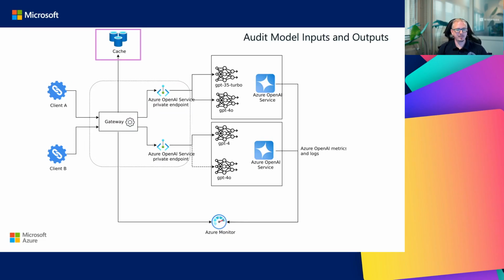We can take this a bit further, and by adding a cache to the gateway, what this allows us to do is actually to audit the inputs and outputs that are generated by each of the models, and we can assess them. Now, if you think back to the original OWASP Top 10, being able to have visibility and to manage the inputs into our models, but also the outputs, is a pretty critical component of using and implementing AI-based solutions in a secure way.